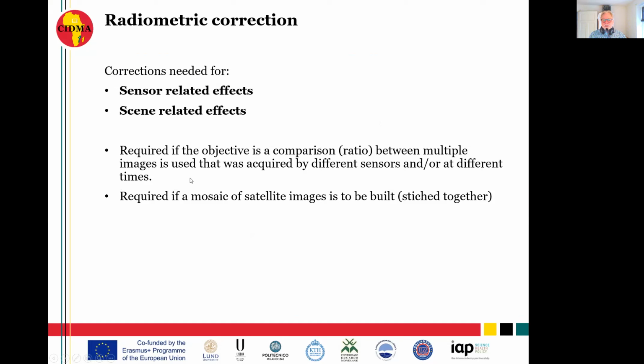If one was taken in the springtime and one in the summertime, I can also correct for those scene related effects.